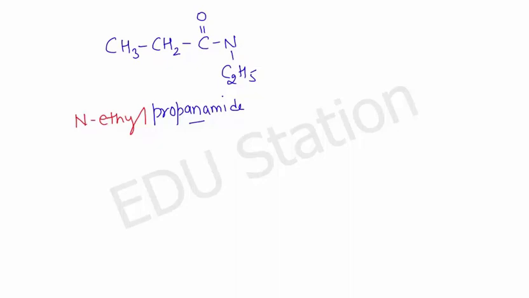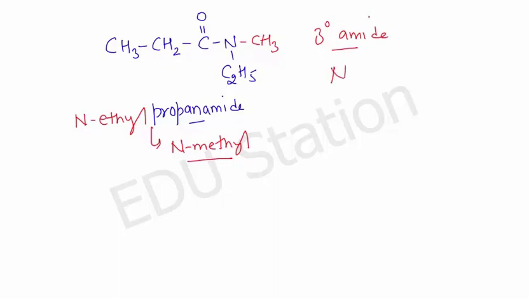This has, let's say, a CH3. So it becomes N-ethyl, and over here you will have N-methyl. This is an example of a tertiary amide. So with amines and amides, a lot of times you will have N something. This N indicates attachment with nitrogen. Now we'll see the naming of esters.